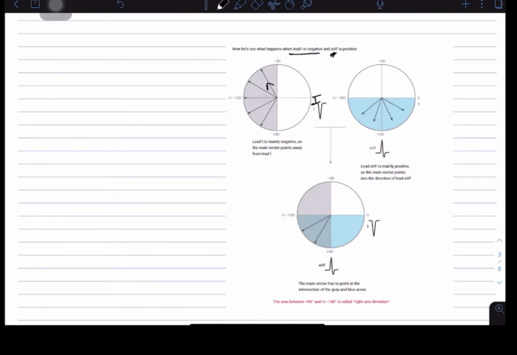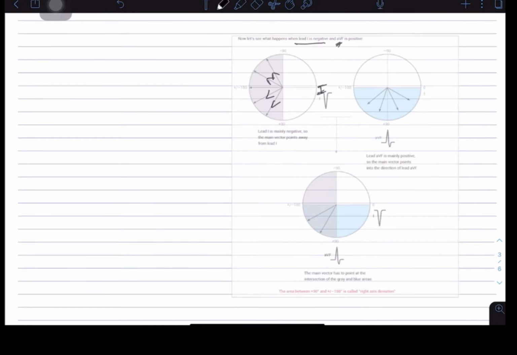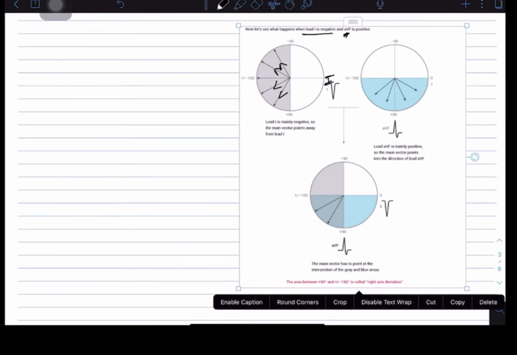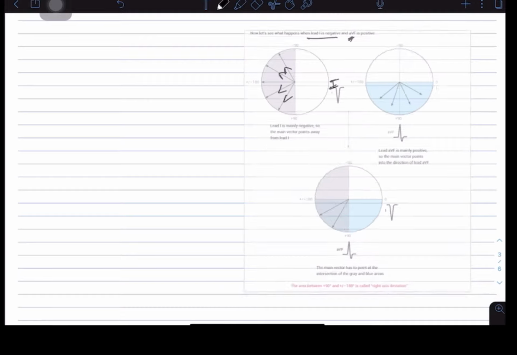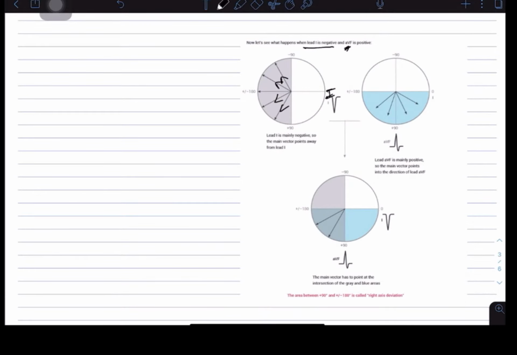As we can see, lead 1 is here and the vector is going away from the lead 1, so it's a negative deflection seen here. And we know the lead AVF is present here, and in this example, the vector is coming towards the lead AVF. That's why it's a positive deflection.